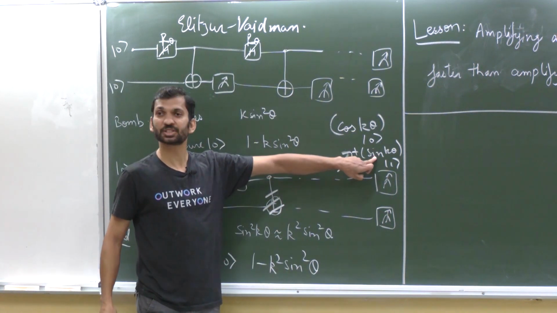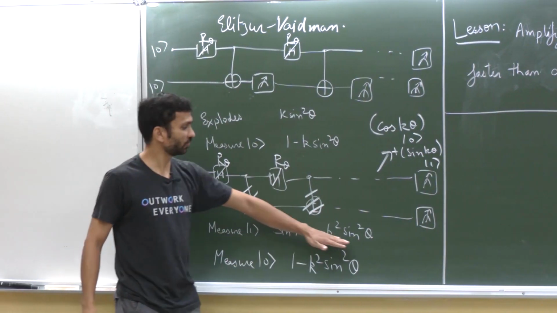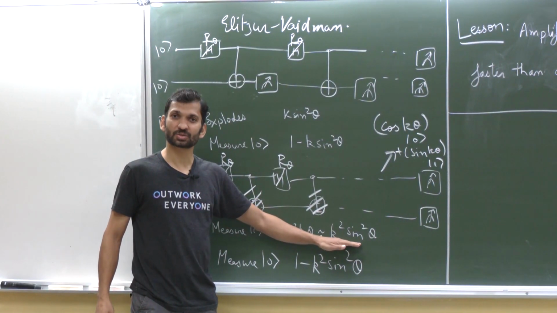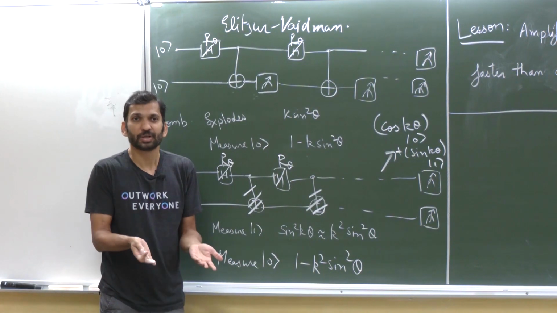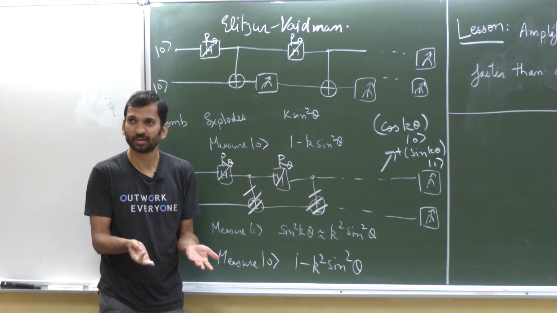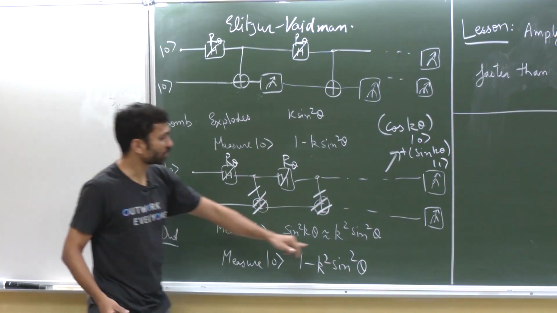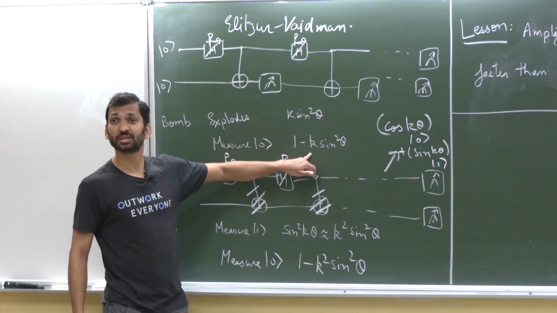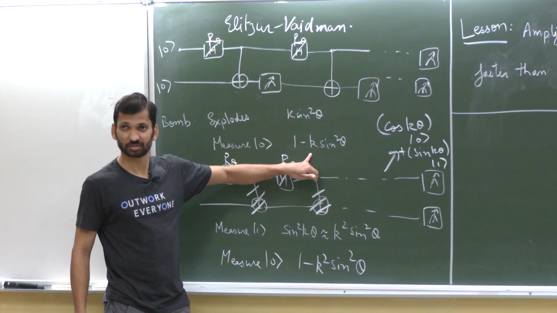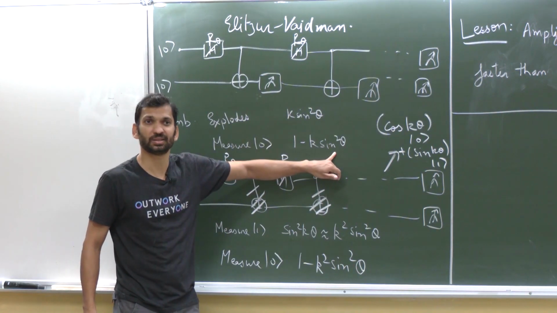What is the probability that I measure 1? sin square k theta, which we will approximate by k square sin square theta. But in the remaining probability, I will measure 0. And the reason why this was a success was because this goes to 1 much faster than this. Remember, right? This is going as k sine square theta.